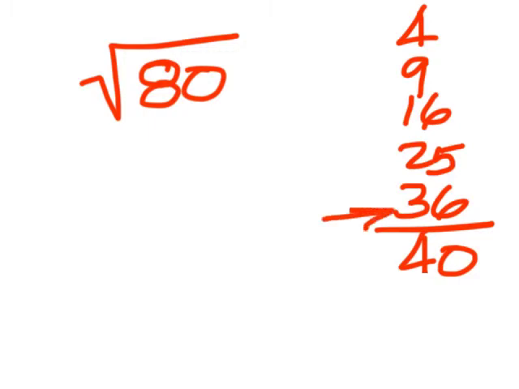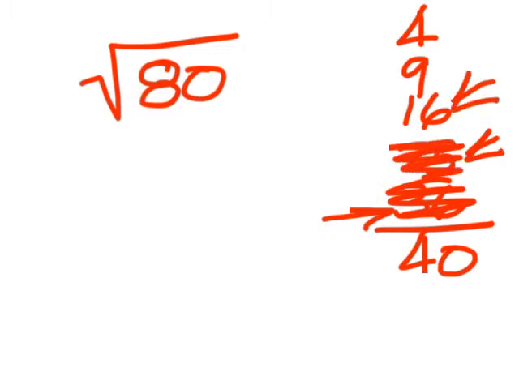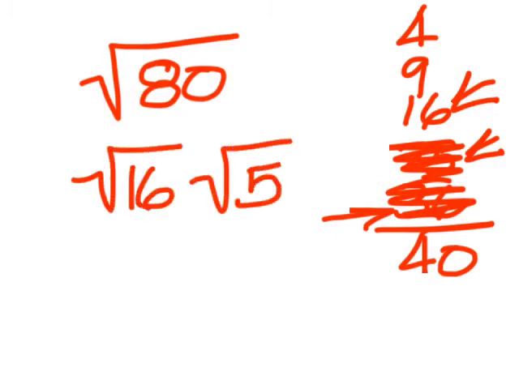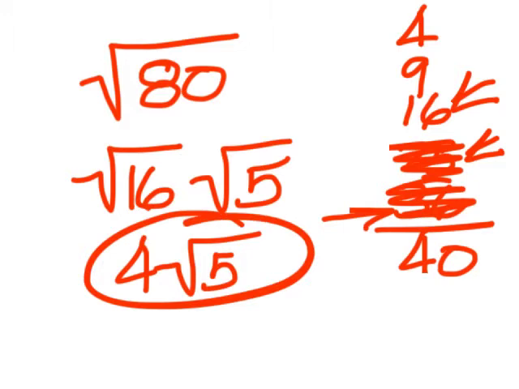Start here with 36. 80 divided by 36 will not go evenly, so we scratch it off. And then try 25. That will not divide in evenly. Try 16. 16 will divide in evenly, and it goes in 5 times. And now the square root of 16 is 4. Your final answer is 4 square root of 5.